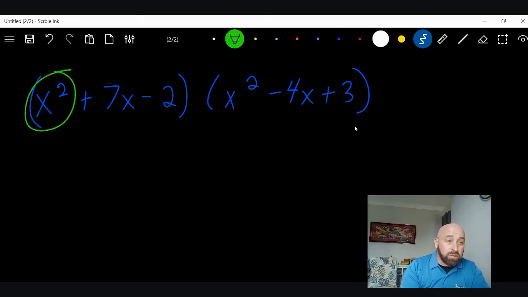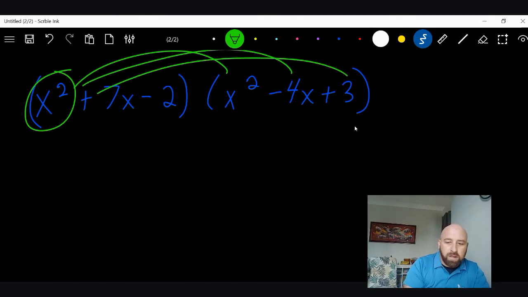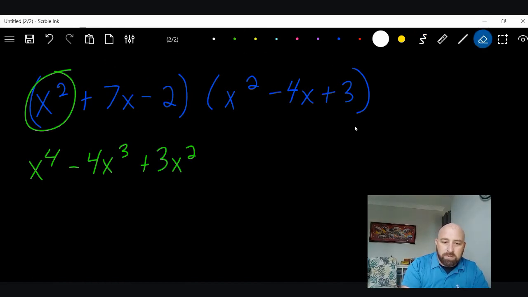I take the first one, and I distribute the first one. Okay, so what do I come up with? X squared times x squared is x to the fourth. X squared times minus 4x is minus 4x cubed. And then x squared times 3 is 3x squared. Okay, so let me erase that.